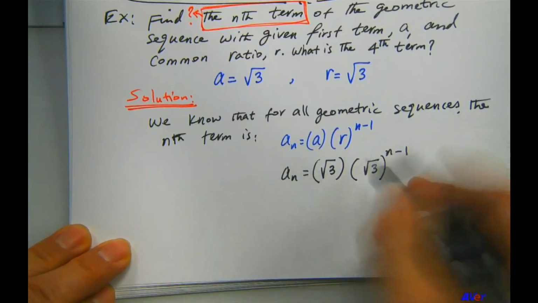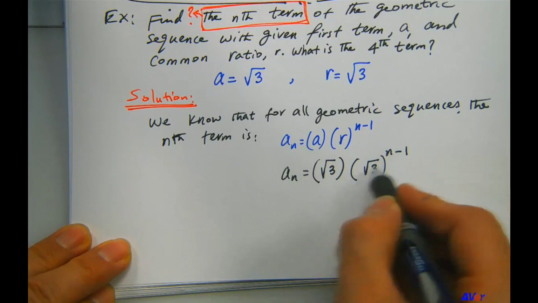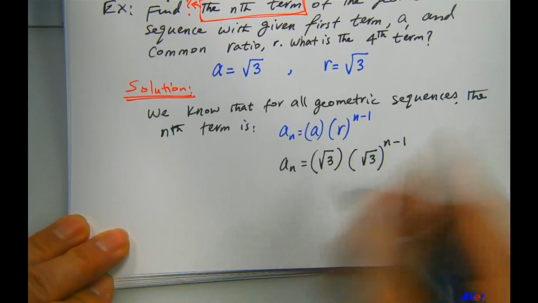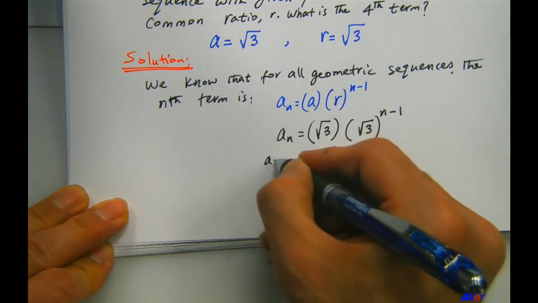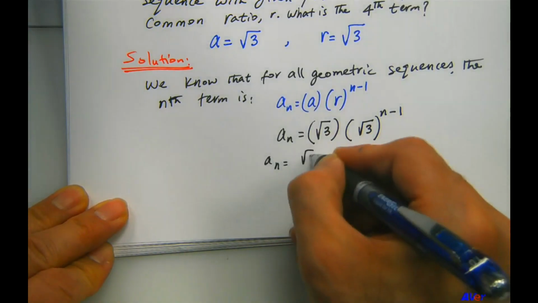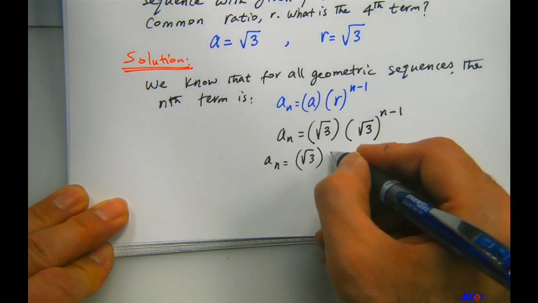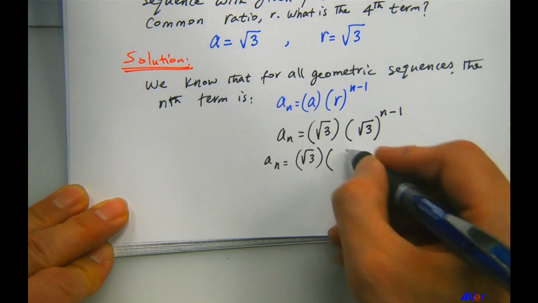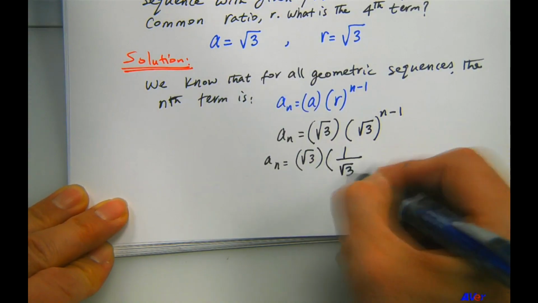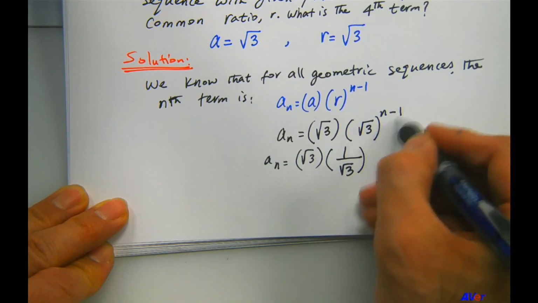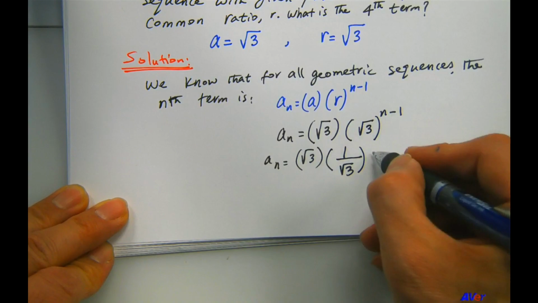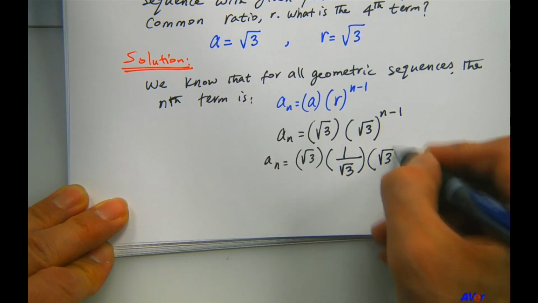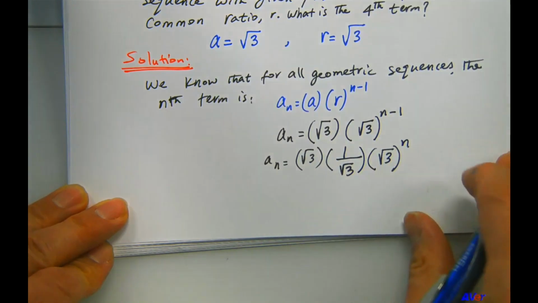Because this second term we can rewrite as an equals square root of 3 times 1 over square root of 3. That's the negative 1 part, times square root of 3 to the n power.